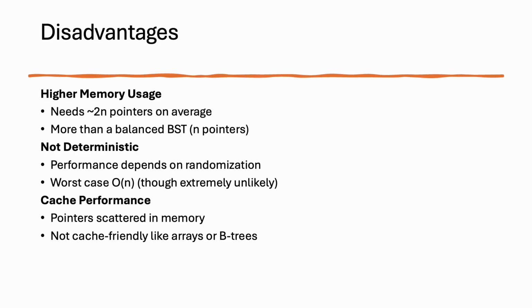Performance on modern CPUs relies heavily on cache. If memory is very tight, you need to guarantee worst-case performance, and cache locality is critical, consider a B-tree instead of a skip list.